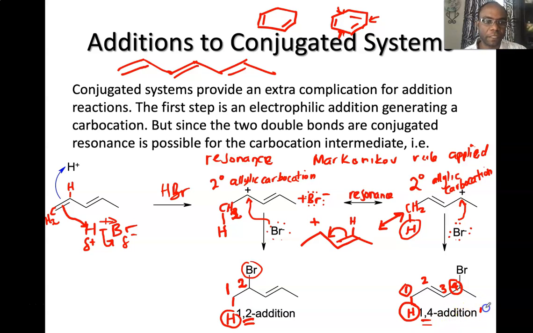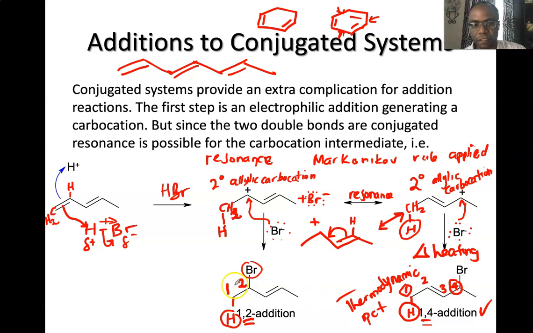The 1,4 addition products usually happen when there is heating, so we call it a thermodynamic product. 1,4 addition products are thermodynamic products because they arise especially when there's high temperature. The 1,2 products are called the kinetic products.